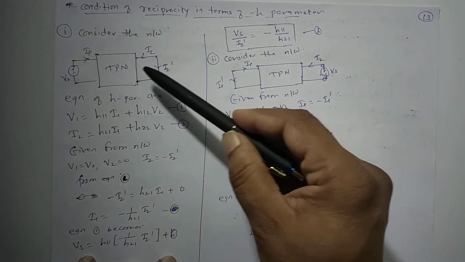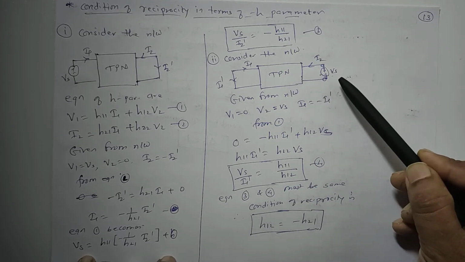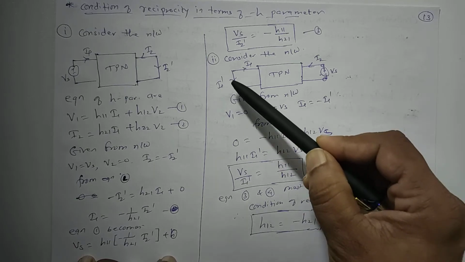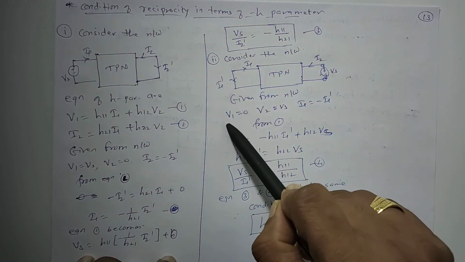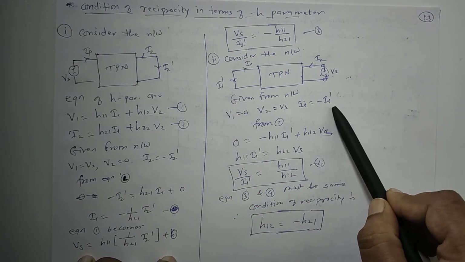Now we'll interchange excitation and response in the second case. Now input is applied to port 2, so V2 is equal to Vs, and short circuit current is observed at port 1. Since port 1 is short circuit, V1 is equal to 0 and I1 is equal to minus I1 dash.